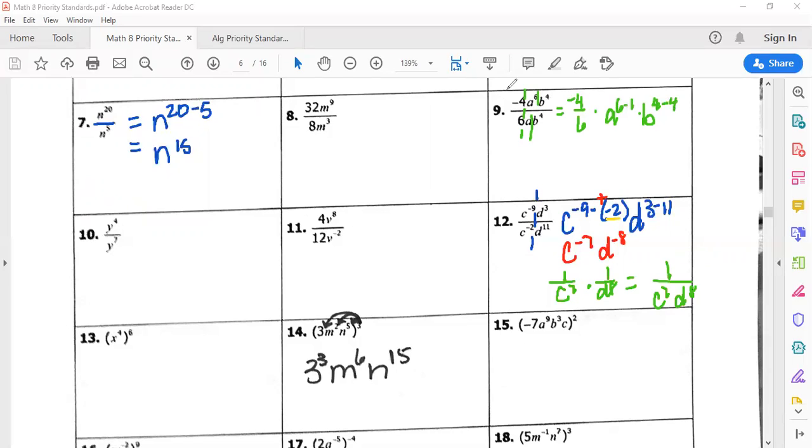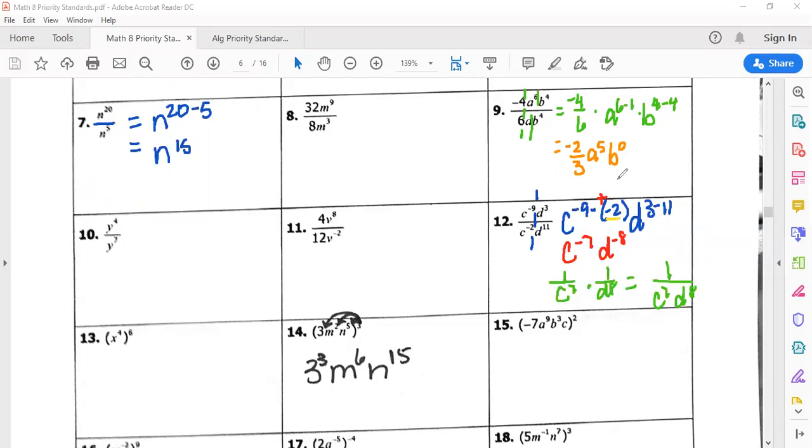So we're going to simplify negative 4/6 to negative 2/3. A to the 6 minus 1 gives us a to the 5th. B to the 4 minus 4 equals 0.